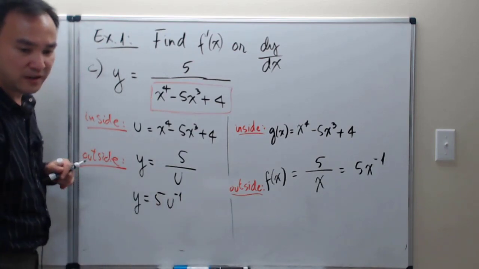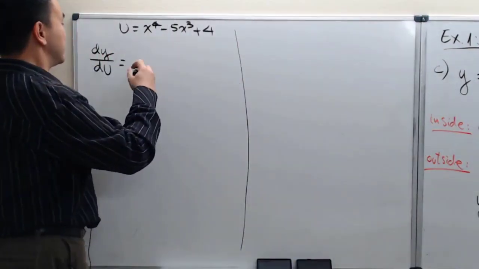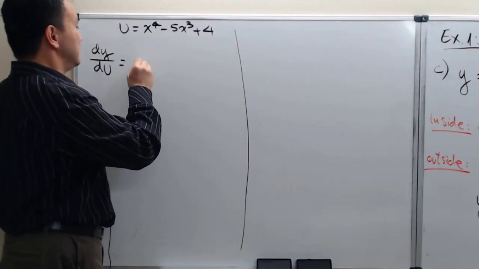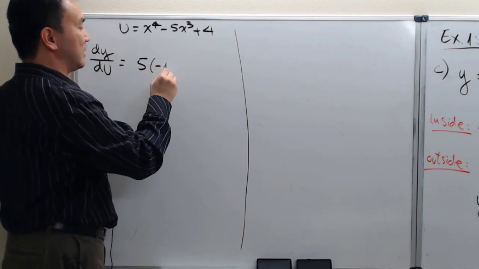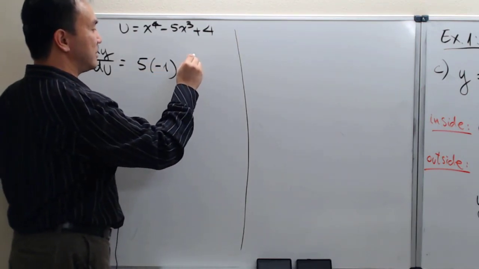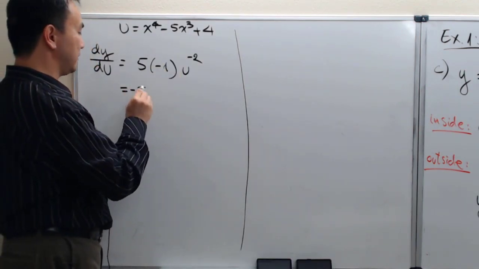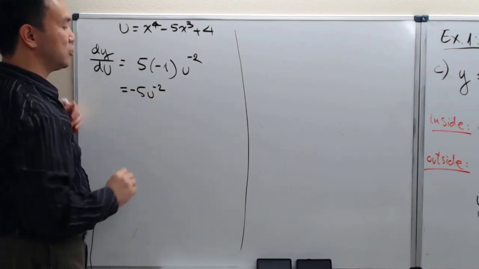So let's find dy du. 5 times negative 1, because the power comes down, multiplied with u to the negative 2 power, or negative 5 times u to the negative 2 power.